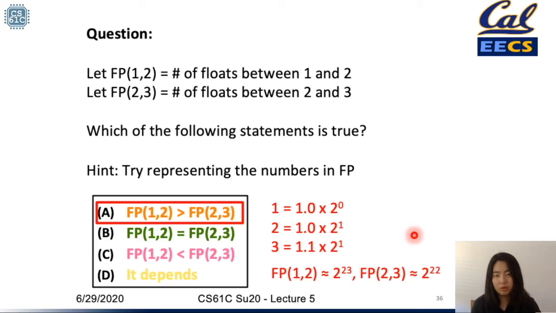So between 2 and 3, the floating points are in the format of 1.0, then any number in the significand, then times 2 to the first. So we have 1 bit fixed, and the remaining 22 bits can all be used. There are approximately 2 to the 22 floating point numbers between 2 and 3. That's why there are more floating point numbers between 1 and 2 than between 2 and 3.